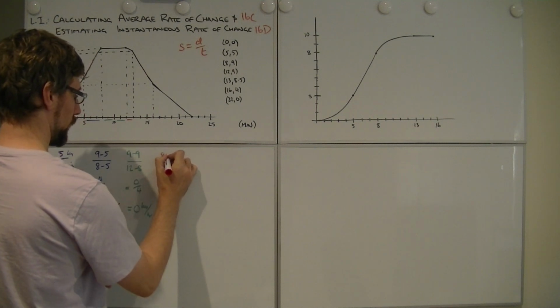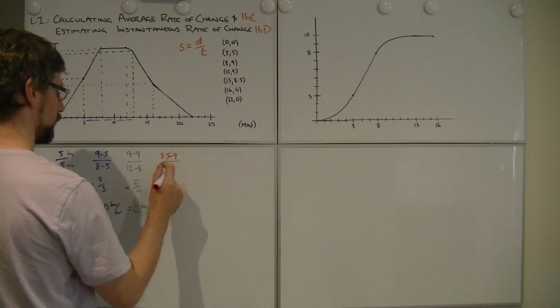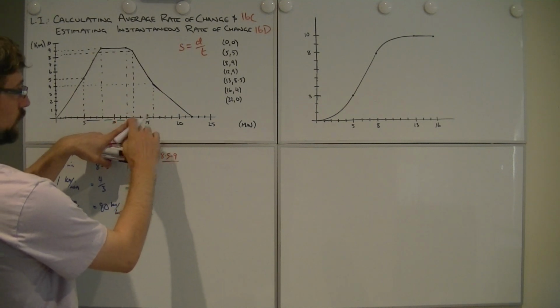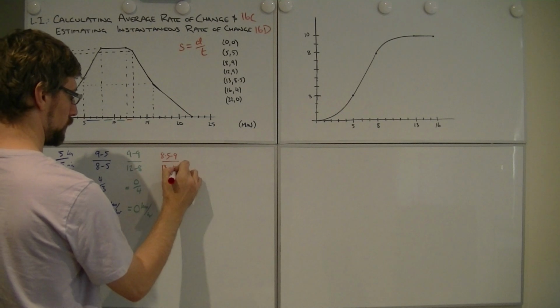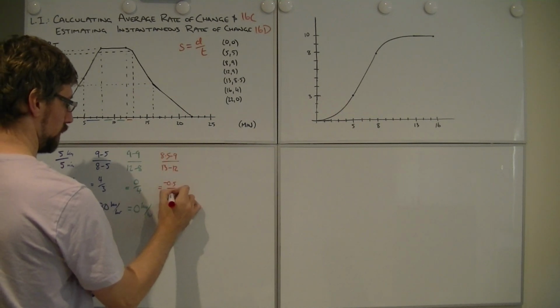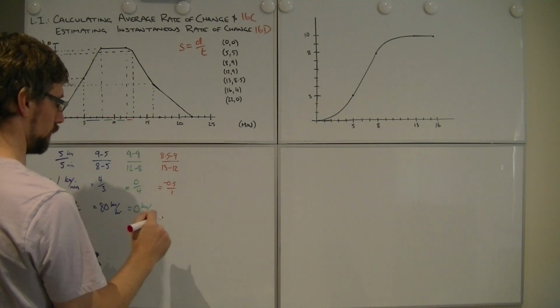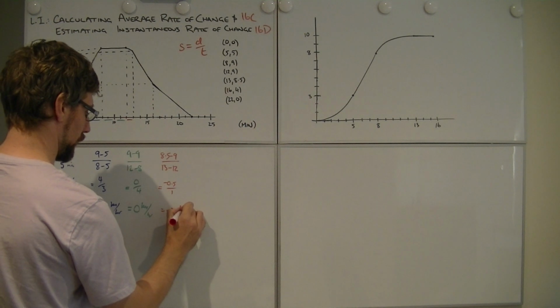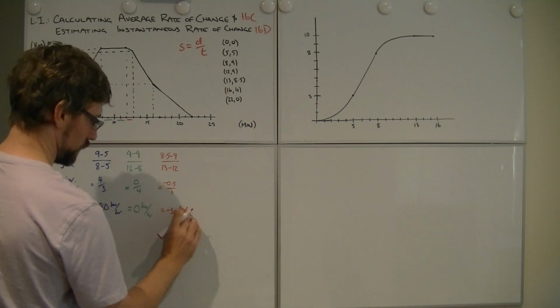So, 8.5 minus 9 over. We went 1 minute's worth, we went from 12 and 13? Yep. So, 13 minus 12. Brilliant, that gives me negative 0.5 over 1, so that's just negative 0.5 times by 60 gives me negative 30 kilometres per hour. Ooh, that's bad.